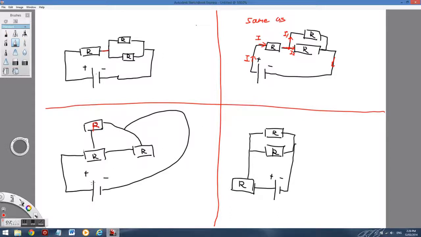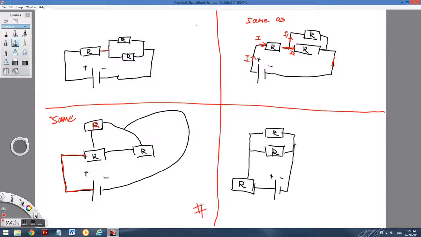However, if you look at this one here, it looks more confusing, but actually the circuit is the same as the previous ones. If you analyze it, we have current coming from the positive, going through the wire.